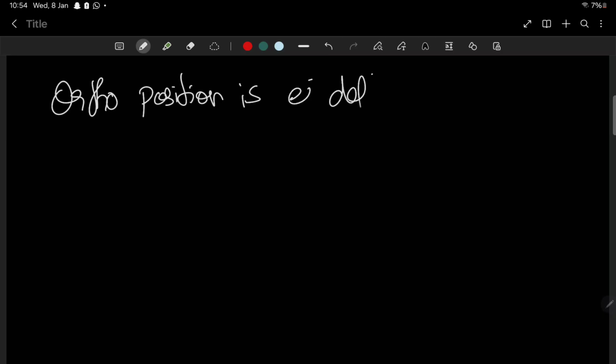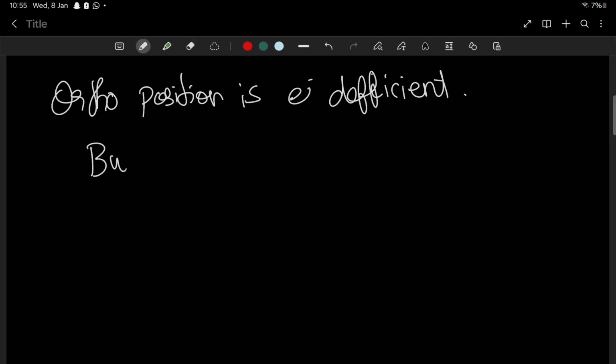So what's happening here? The ortho position is electron deficient. Therefore electrophilic substitution at the ortho position is very less.